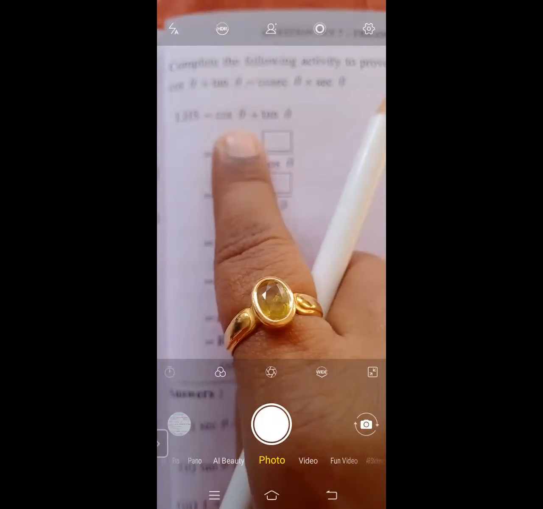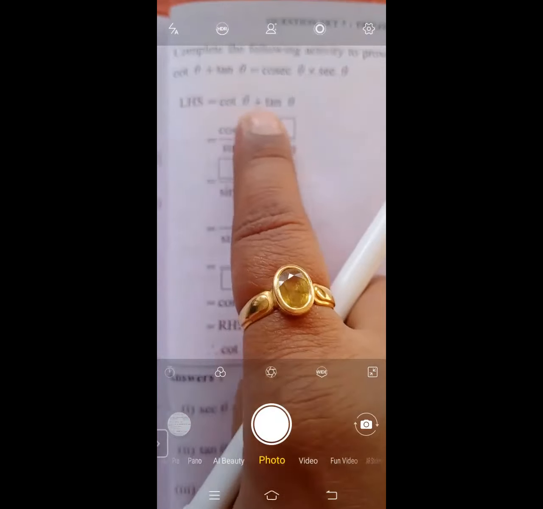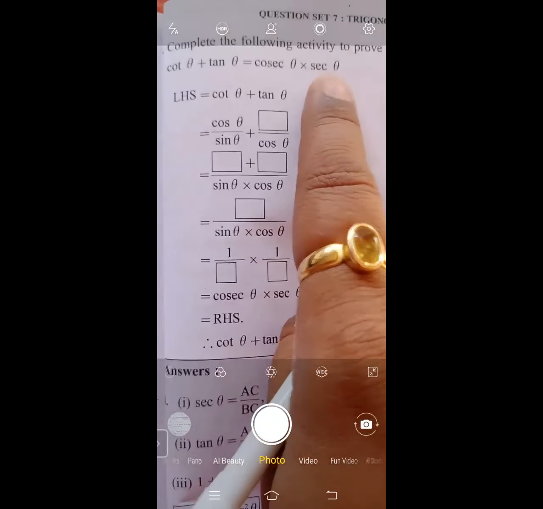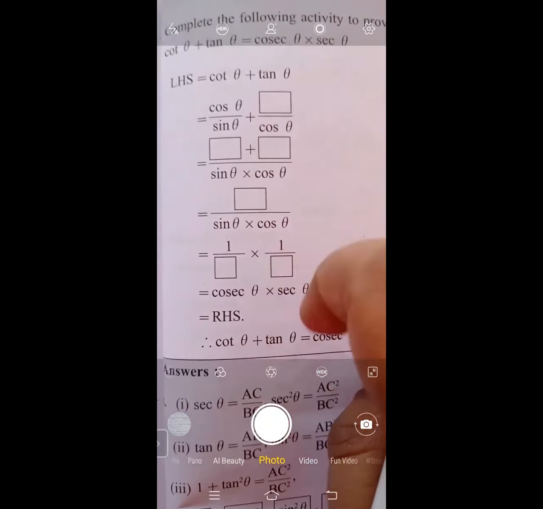We will just go for the next sum, which is cot theta plus tan theta equal to cosec theta into sec theta. We have taken LHS, which is cot theta plus tan theta. Now, as you see that it is cosec and sec, first they have converted it into sine and cos, and then again into cosec and sec.